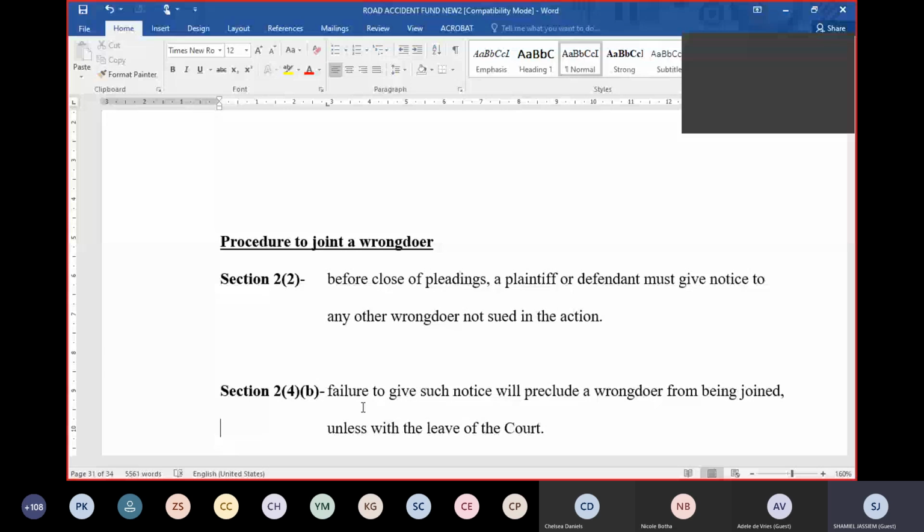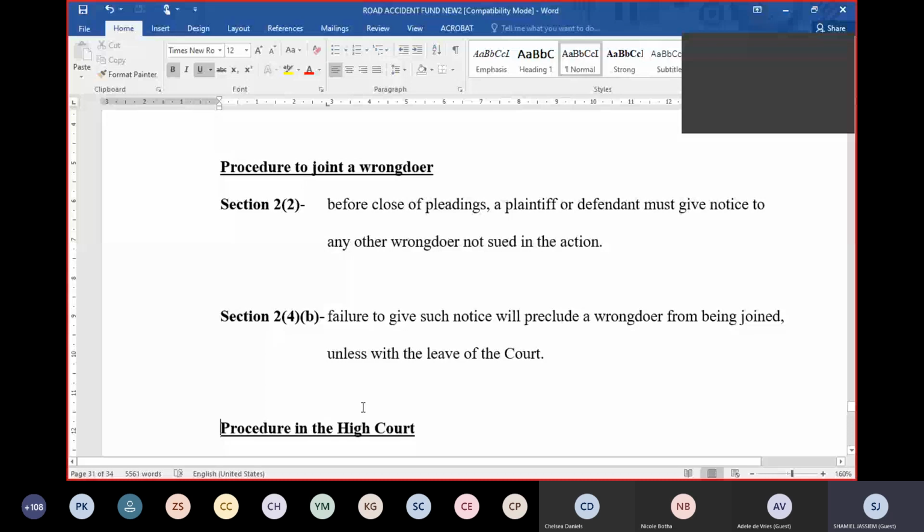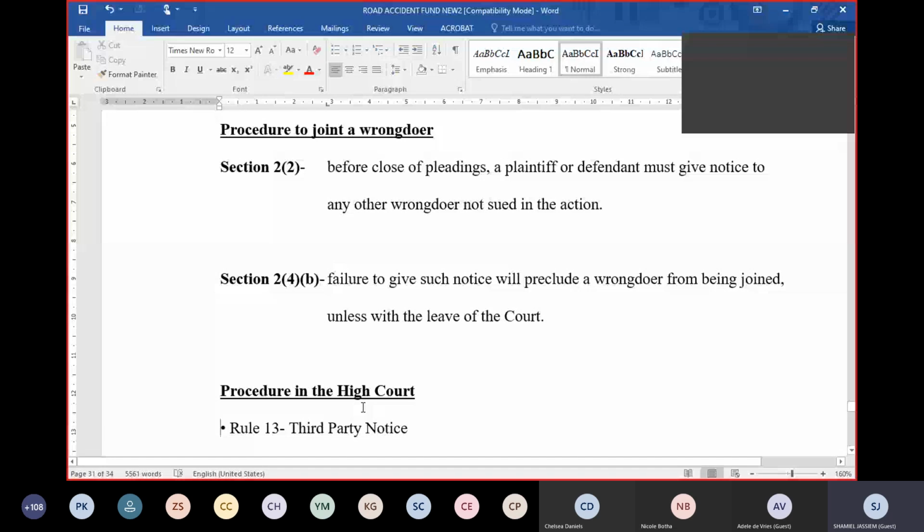So let's start with the High Court. High Court is governed by Rule 13, which is referred to as a third-party notice. Now, in the High Court, we will follow Rule 13.